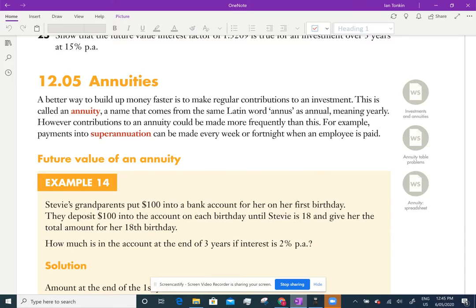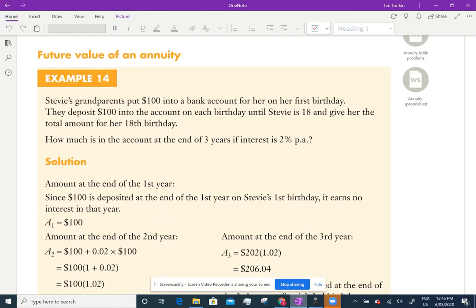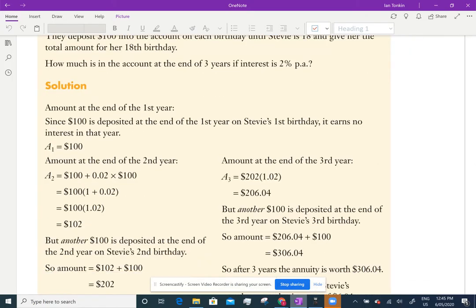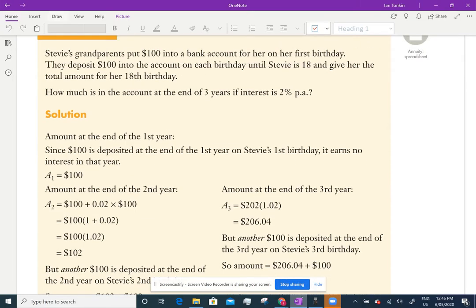Now, the way an annuity works, well, here's an example here. So Stevie's grandparents, they put $100 into the bank account on her first birthday, and every year they put another $100. Now, at the end of the first year, there's $100 in the account, but there's interest being earned on the account.